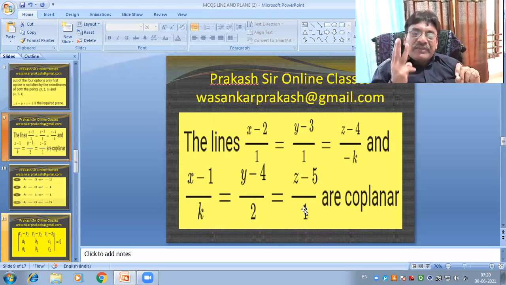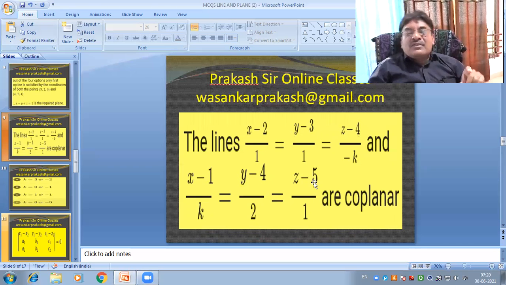Therefore, suppose the first line passes through the point A (2, 3, 4) and the second through B (1, 4, 5). Then we join these two points and get the vector AB. The first line is parallel to vector P, that is i plus j minus k, and the second line is parallel to vector Q, that is ki plus 2j plus k.